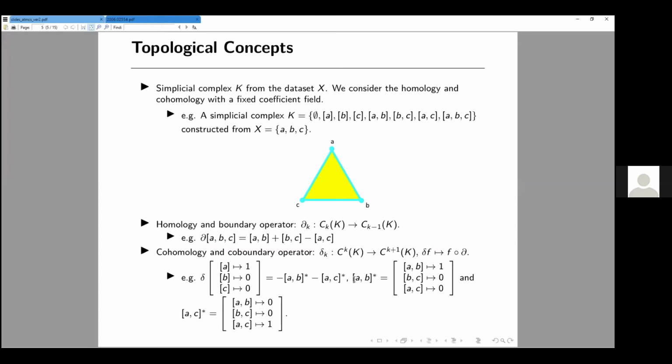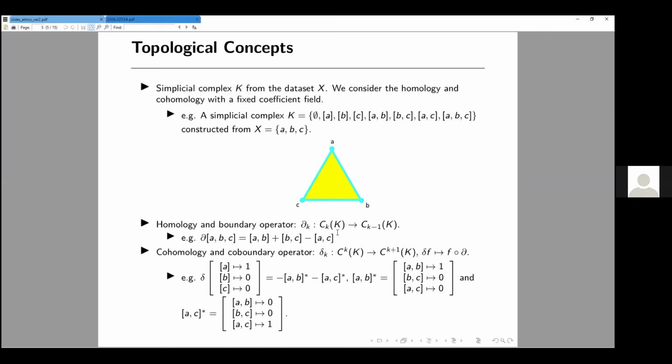Here, AB star is a function that maps only the edge AB to 1 and the other two edges BC and CA to 0, and similarly for AC star. This is how the co-boundary operator acts.